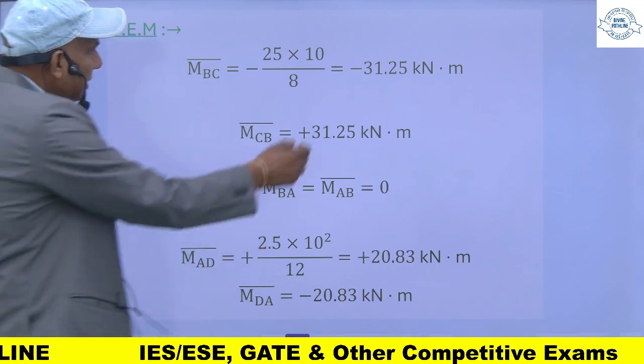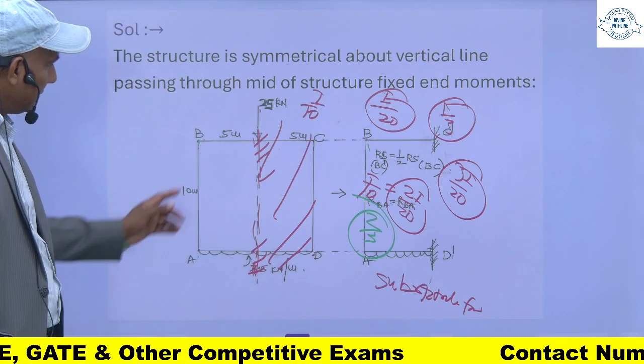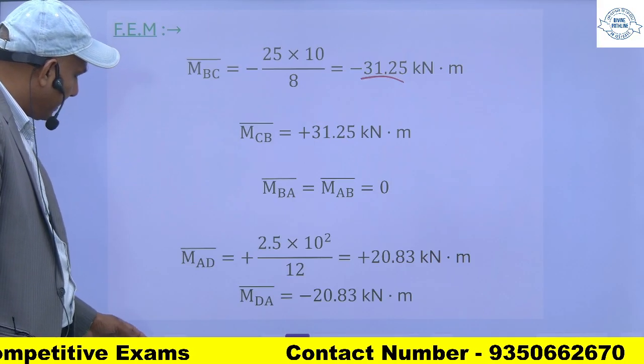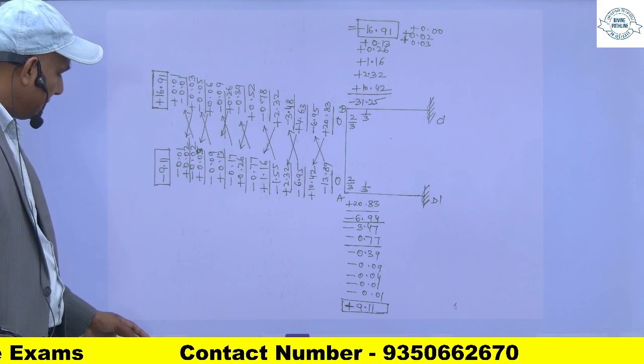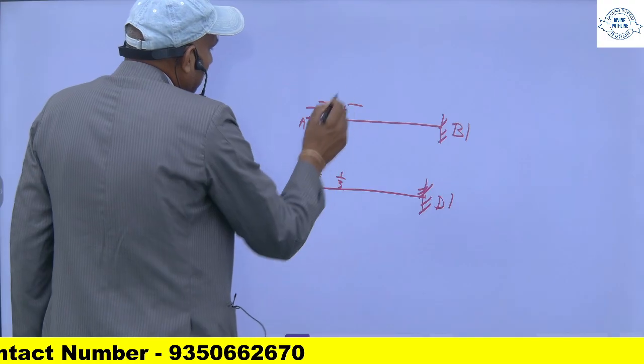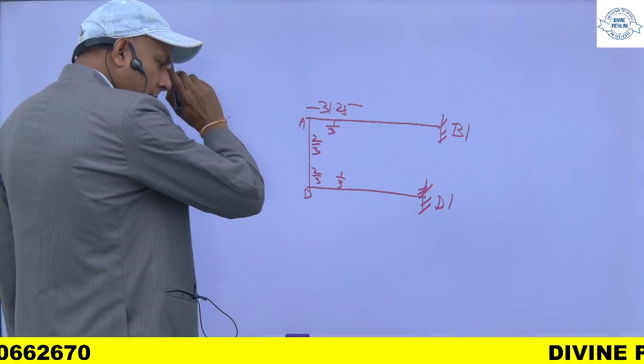This value BC is minus 31.25. So whatever moment is at this point, that same will be here. So this is minus 31.25, and this is 0 here.